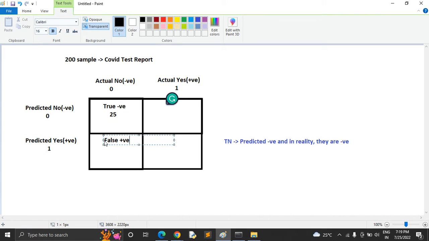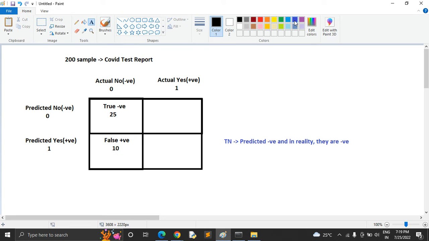Your model is falsely predicting that they are positive. In reality, they are not at all positive but negative. They don't have COVID, but your model says they do. There are around 10 patients who don't have COVID, but the model says that they have COVID.